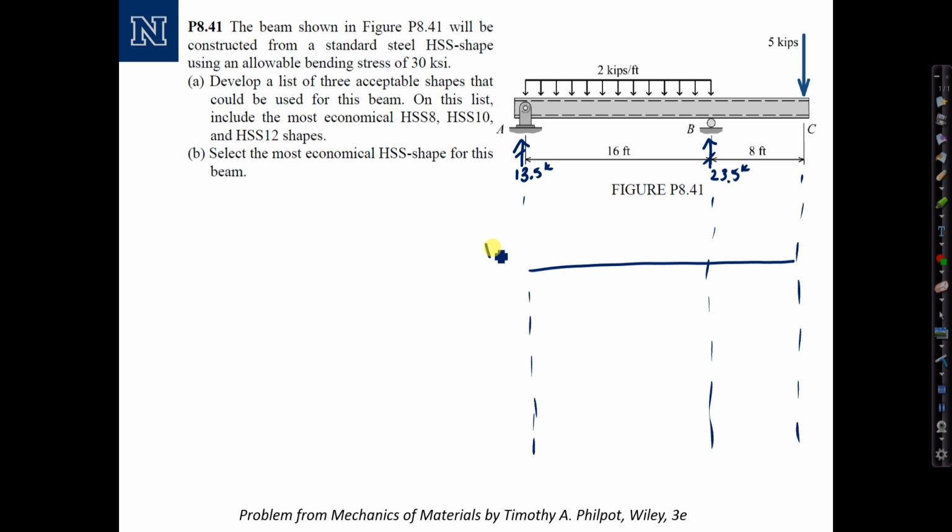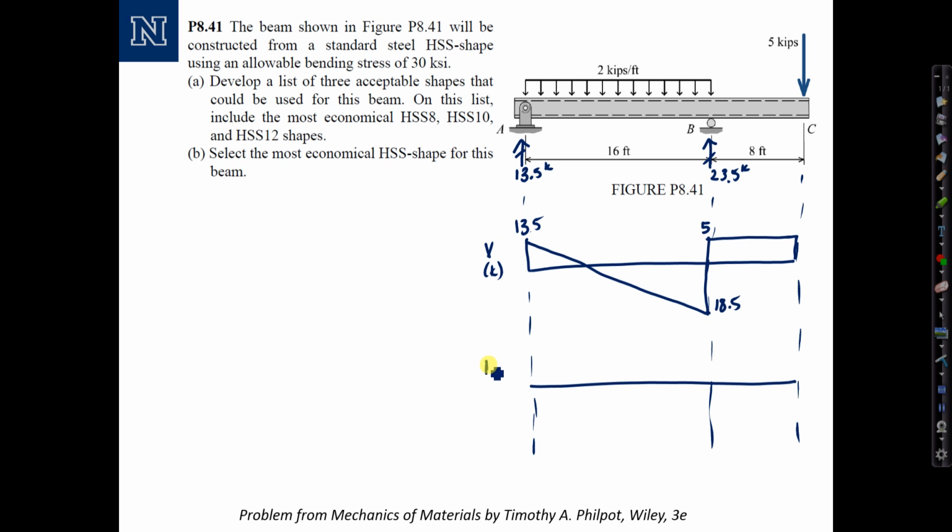Here's the shear force diagram. V in kips jumps up to 13.5, drops down linearly to 18.5, jumps back up to 5, and comes over and back down. That's the shear force diagram. Bending moment diagram.